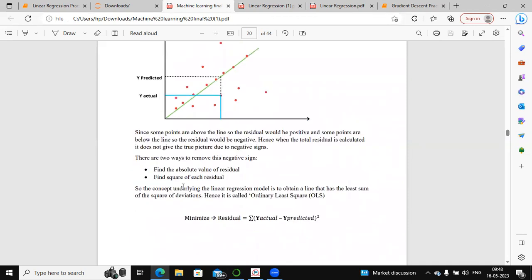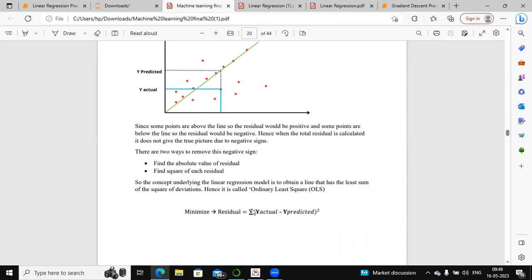So the concept underlying the linear regression model is to obtain a line that has the least sum of squares of deviation. That is ordinary least square. That is how it got the name ordinary least square, because of the least sum of square deviation.